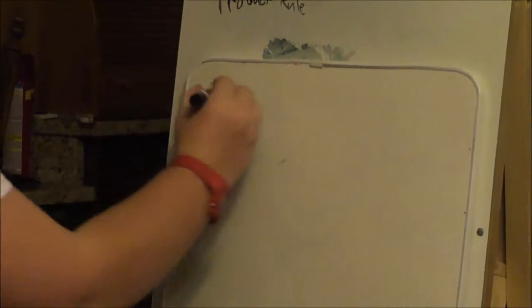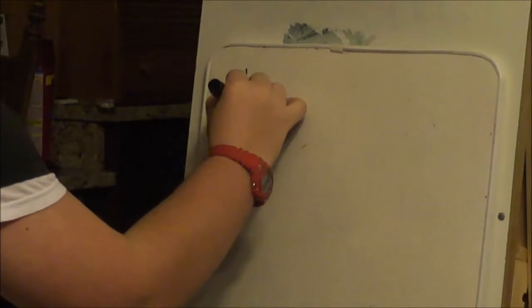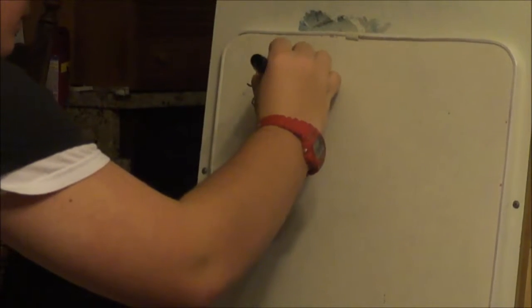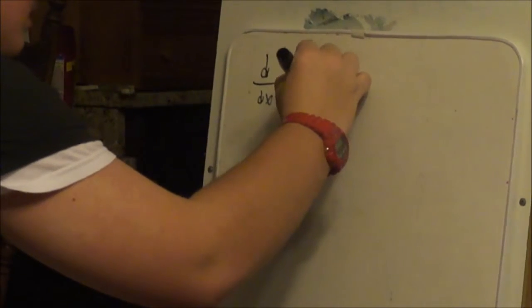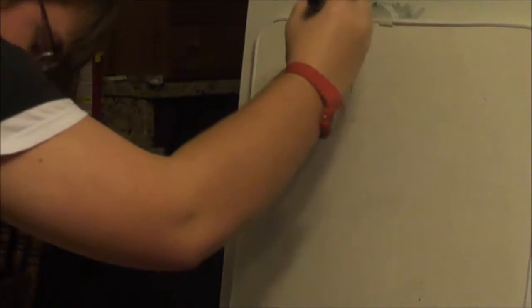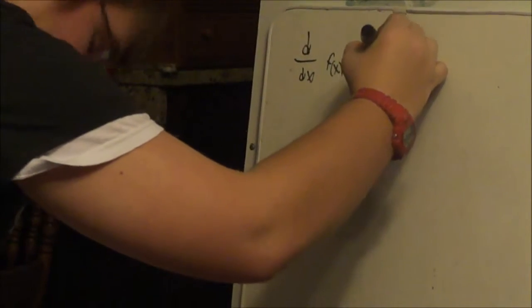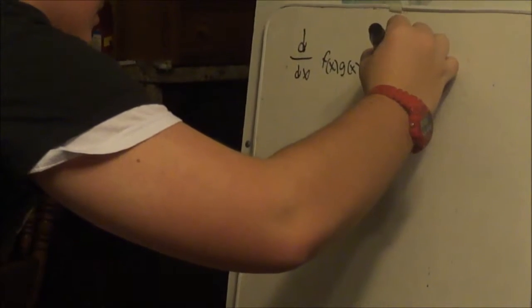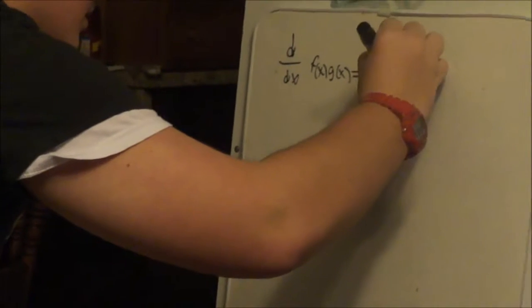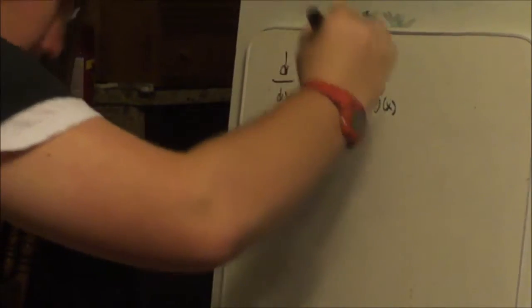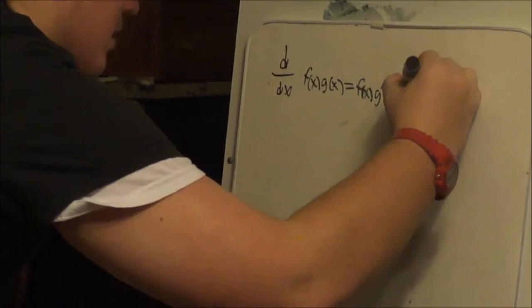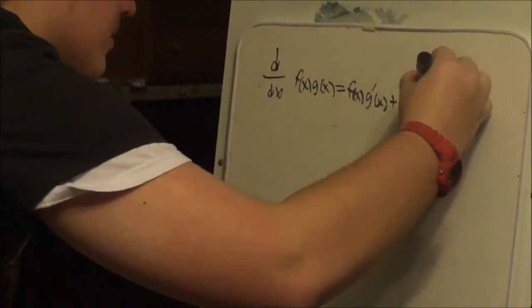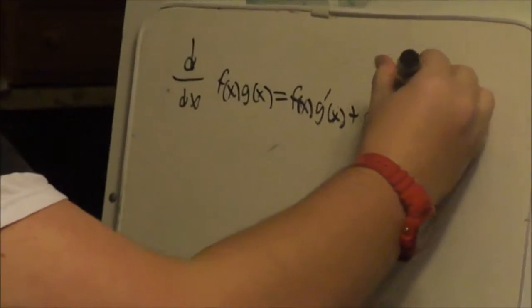And so what it looks like is this: f of x times g of x equals f of x times the derivative of g of x plus g of x times the derivative of f of x.